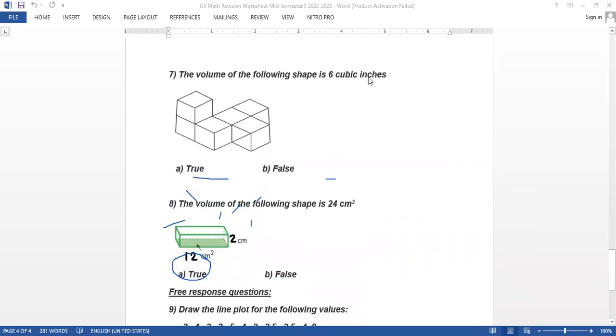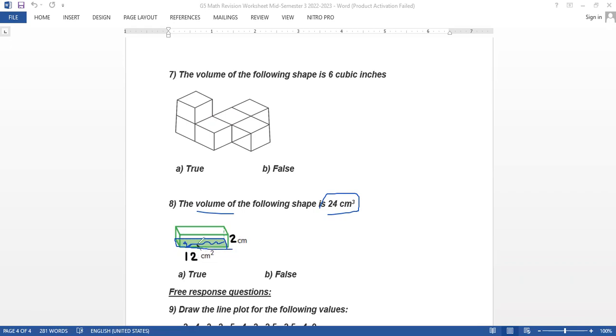Last question, true or false. The volume of the following shape is 24 cubic centimeters. Here, look guys, he didn't give me the length, width, and height. He gave me the area of the base, and the height is 2.